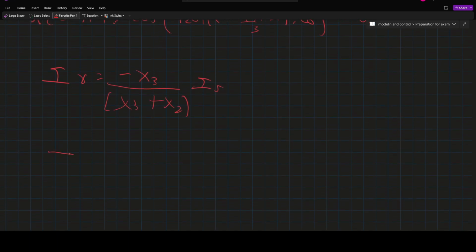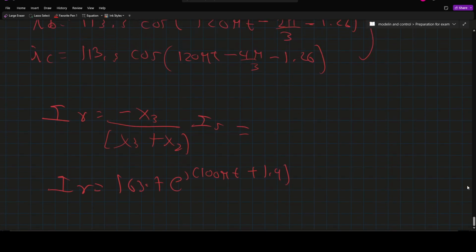And when we plug those values in MATLAB, we get 163.7 e to the j(100 pi t plus 1.9). So from this, we get a magnitude that is 163.7 and an angle that in this case was 1.9.